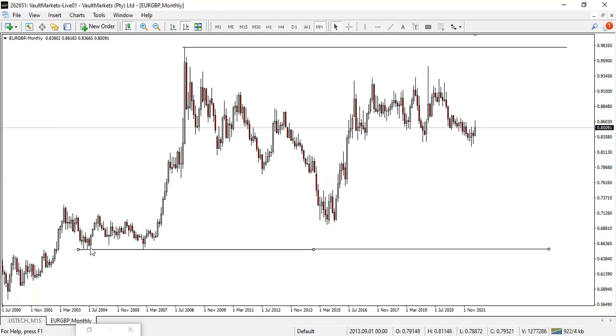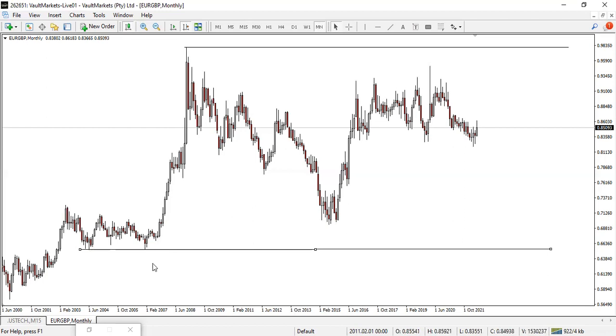Then, if you don't know, we have an equal low here, or you can refer to it as a double bottom, that's fine. Whenever we see this, you must always know that the thing you are trading will trade below this equal low.